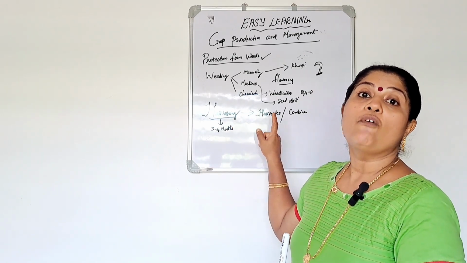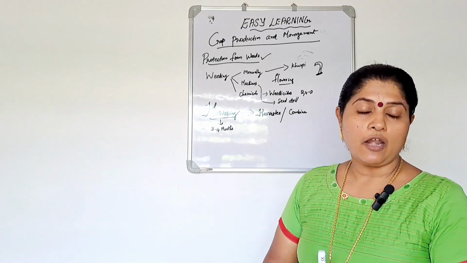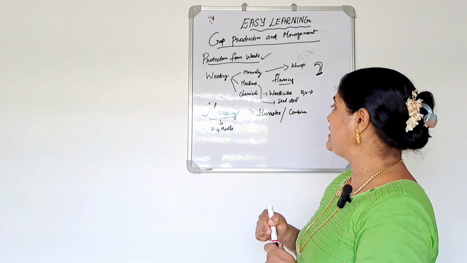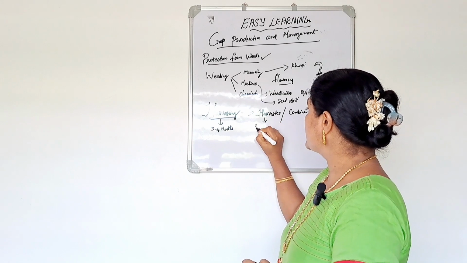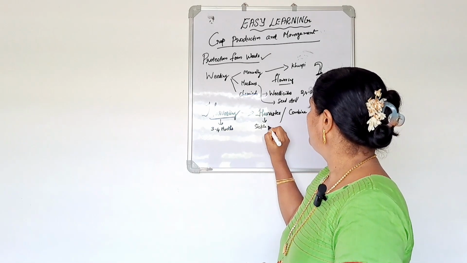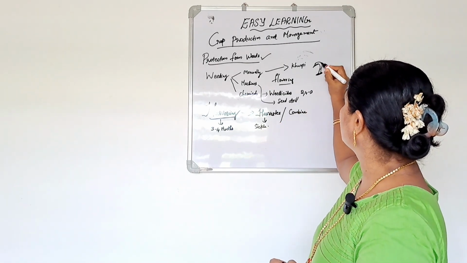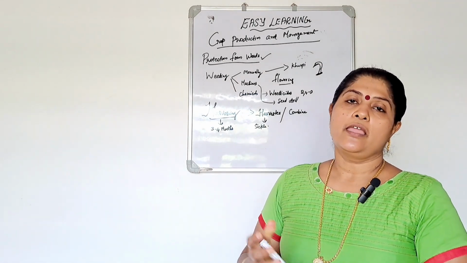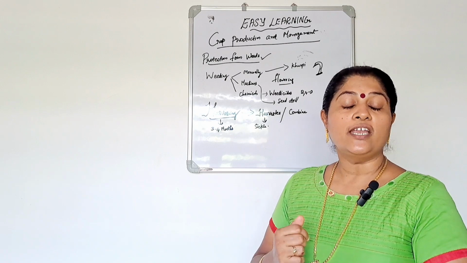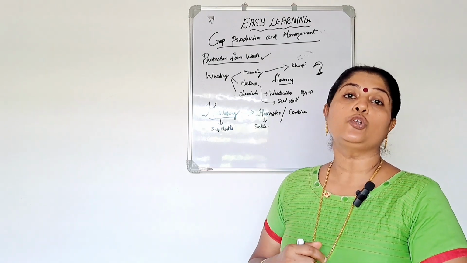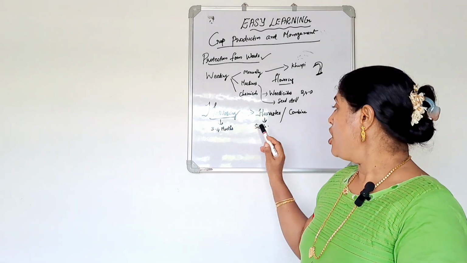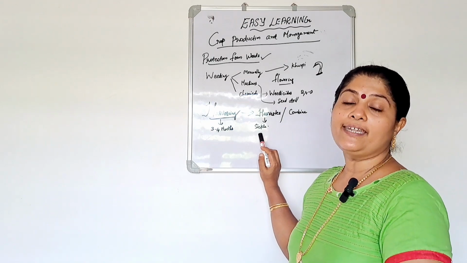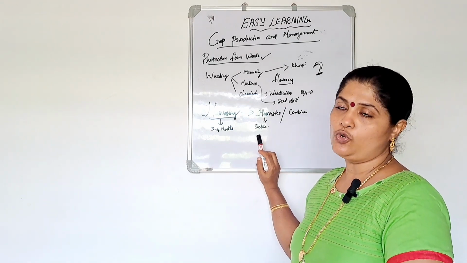Mainly the harvester, and manually the sickle. Already I have drawn the picture of the sickle. This is the sickle. The sickle is the instrument used by people to manually cut the crop from the matured plant.